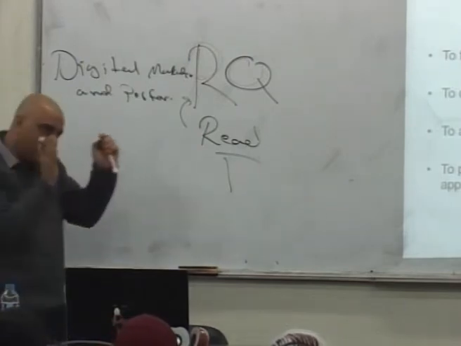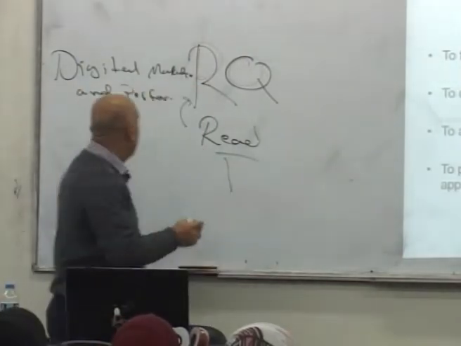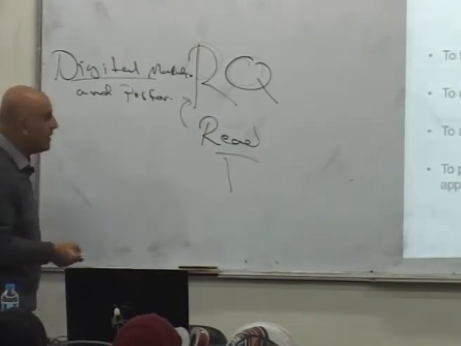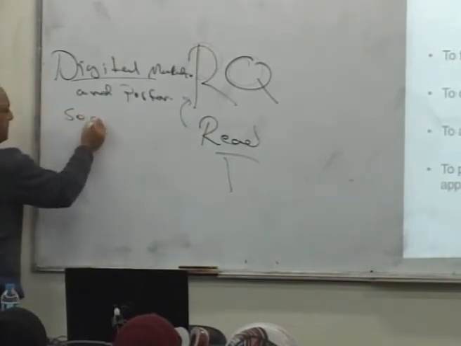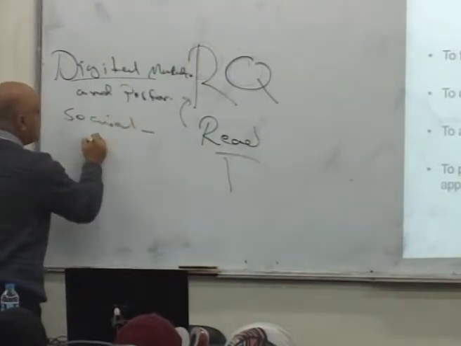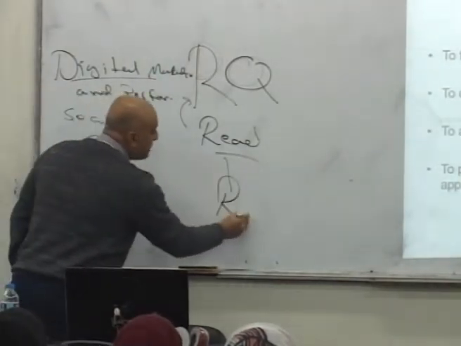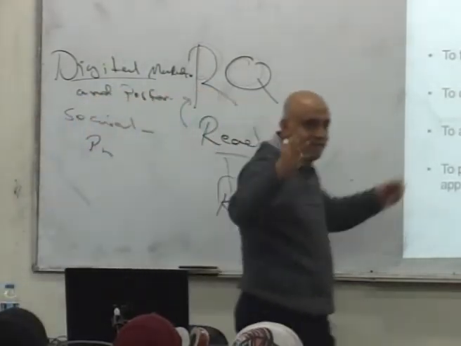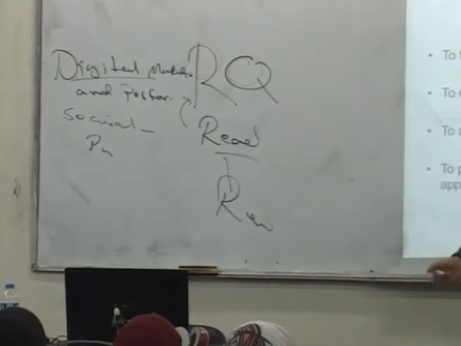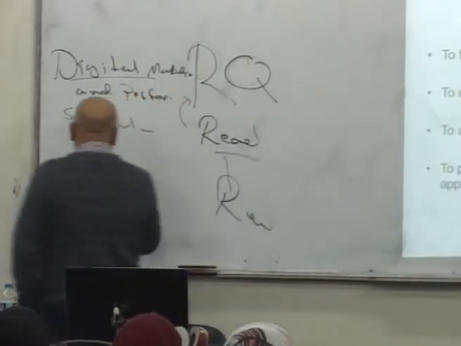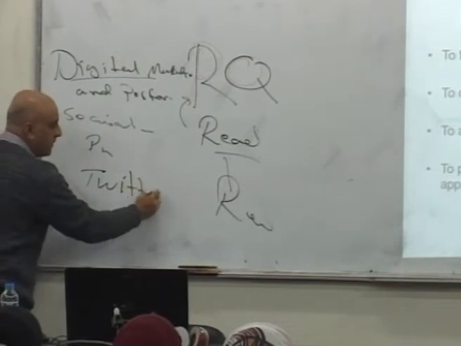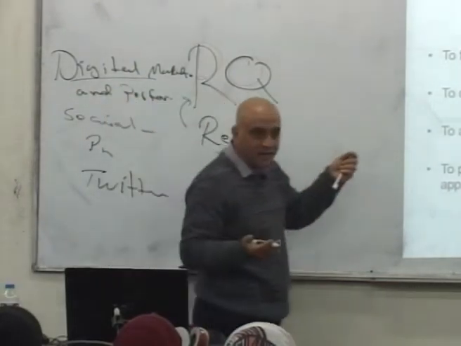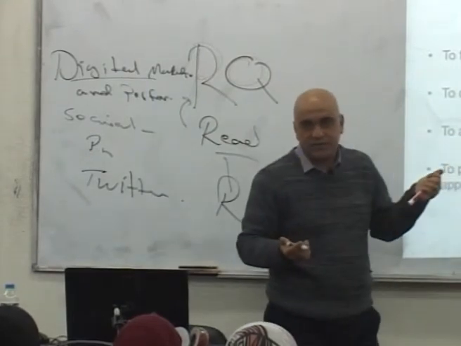And you want to limit this research question. You think, okay, digital marketing, including social media, for instance. Say social media and performance. And as you read more, you think social media is also a very large thing, so you focus on Twitter. This is how you refine your research questions and objectives.